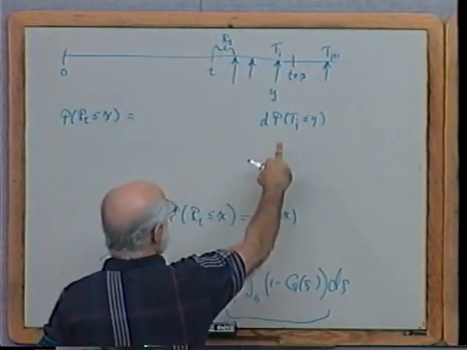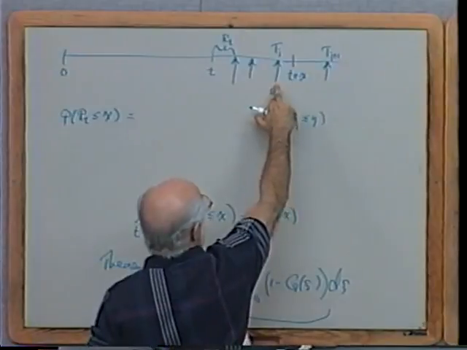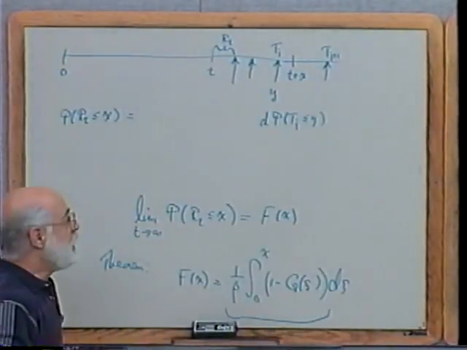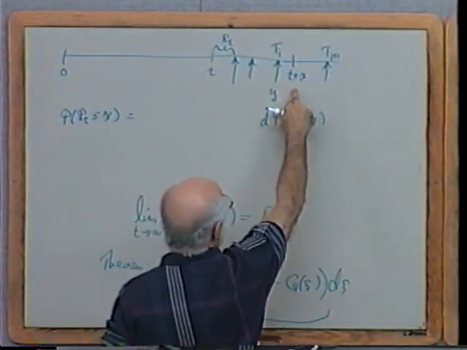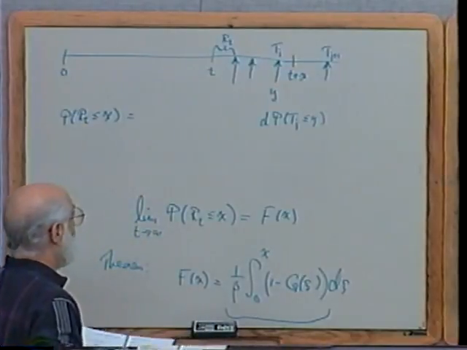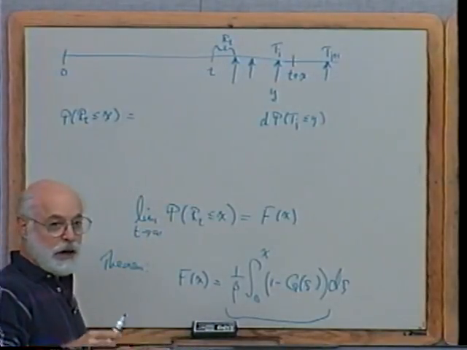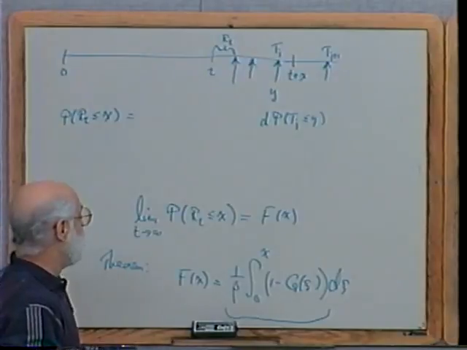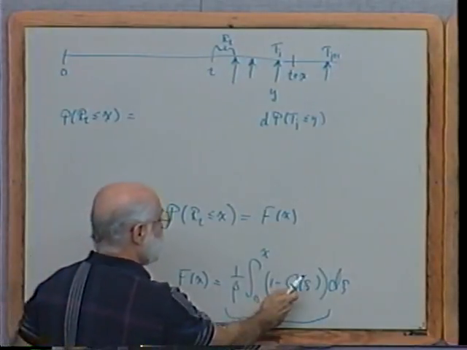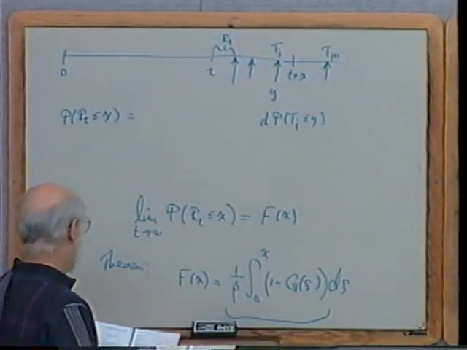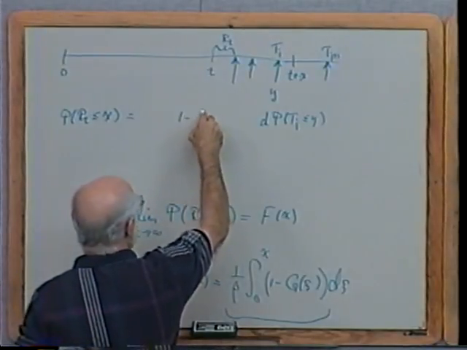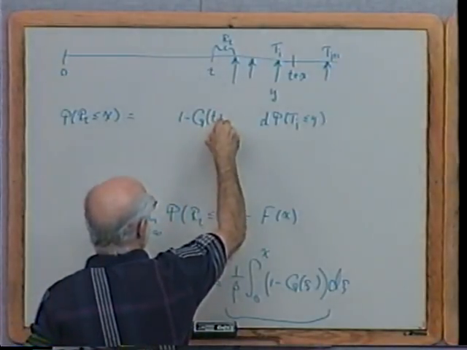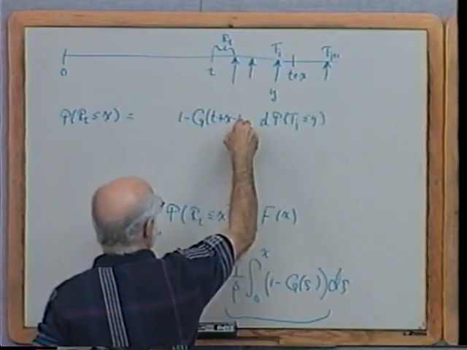Okay, now, if the jth renewal occurs at time y, and if it's to be the last one, then the next one must occur after time t plus x. And since the interrenewal times are independent and identically distributed and have distribution function g, therefore that probability is 1 minus g of t plus x minus y.